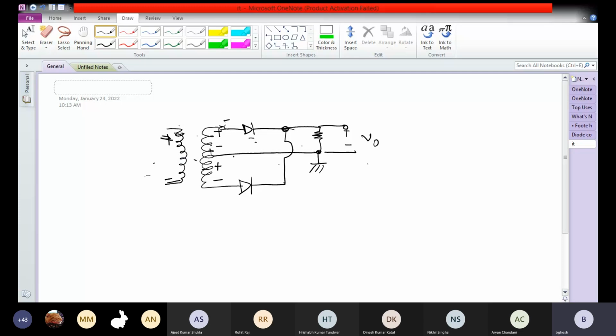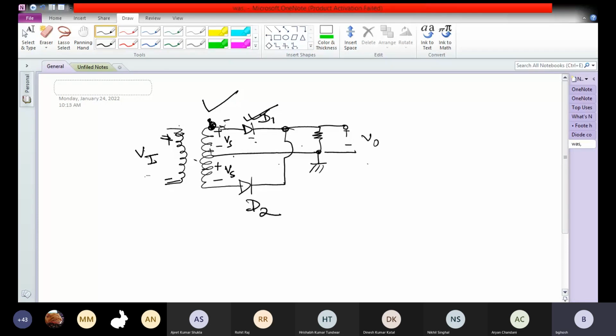Let us give this voltage the name Vi, and let's call this voltage Vs. So during the positive half cycle of Vi, when the voltage here is positive, this diode is going to conduct. Let's name this diode D1. Let's name this diode D2.